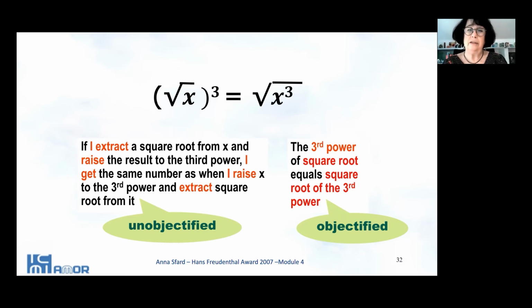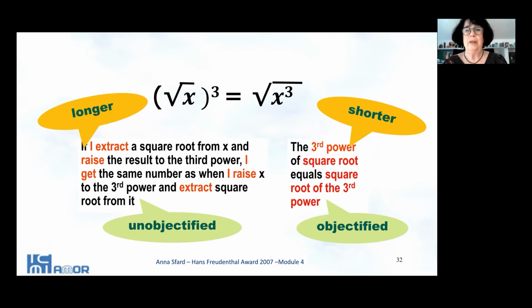And there is also another difference, one that is visually obvious. The objectified statement on the right is much shorter, more concise than the one on the left. Thus, this example clearly corroborates my point. Objectification allowed us to say what we wanted to say more briefly.